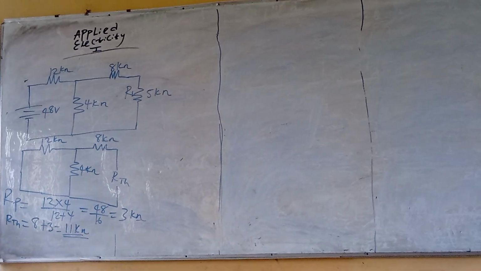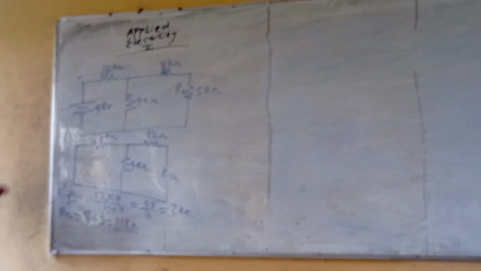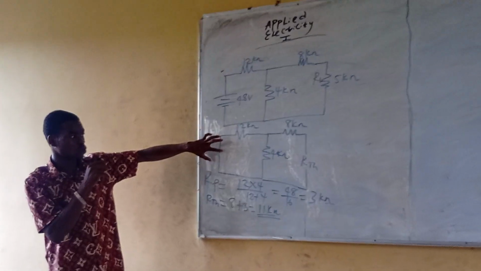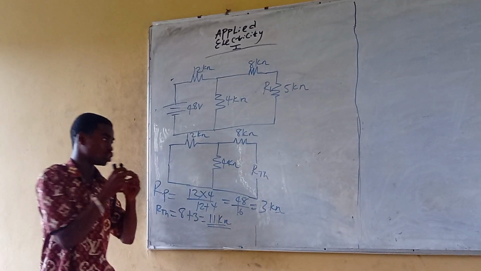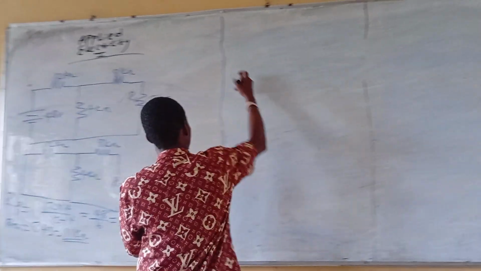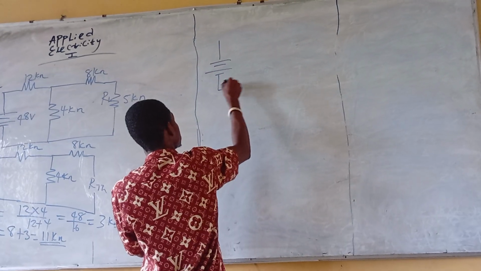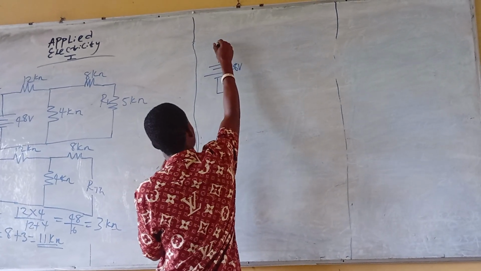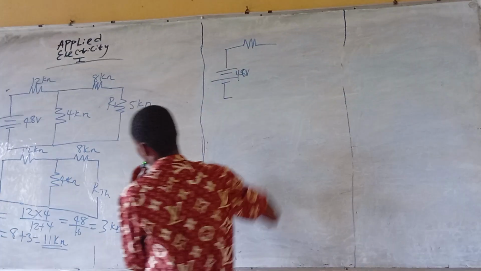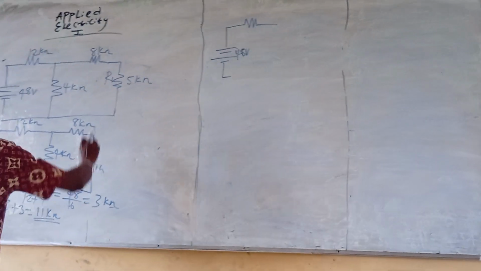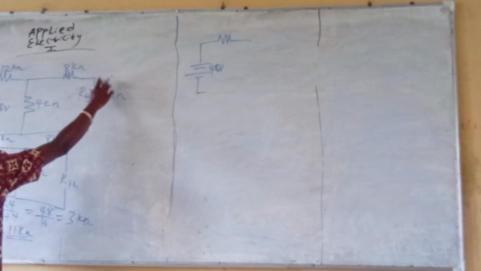So let's go ahead and calculate for the Thevenin's voltage. Calculating for the Thevenin's voltage, you will bring back the voltage source, then replace this place with Thevenin's voltage. So we are going to get in the circuit 48 volt, then 12. Okay, I forgot something. The question says that you should calculate for the current flowing through 5 kilo ohms.